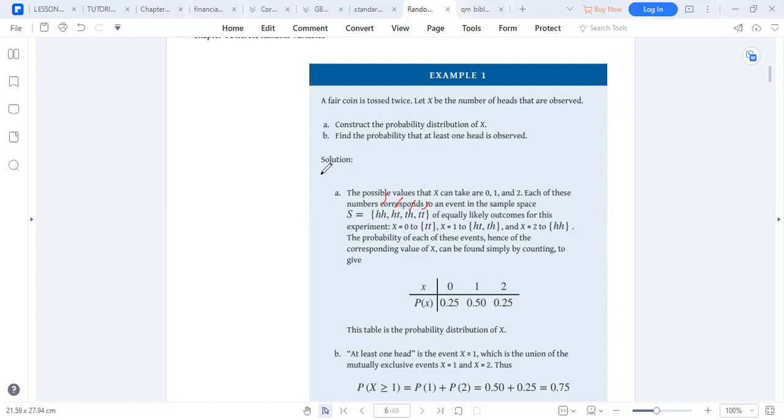All right, so we get head, head. If you're going to use a tree diagram to illustrate this, we have 2 trials, trial 1 and trial 2. So there are 2 possible outcomes, a head and a tail, at each branch.